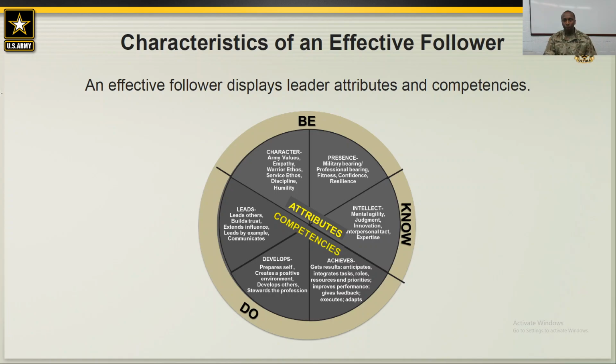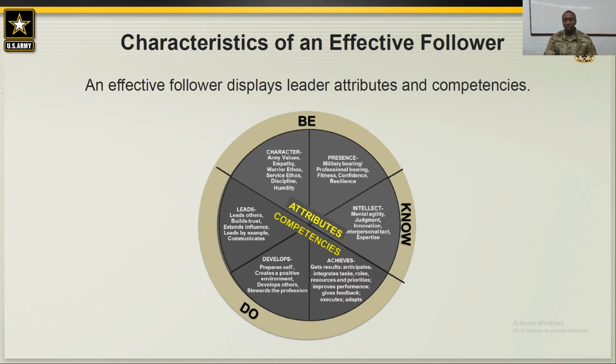So, with character, an effective follower is not lazy, but takes initiative, leaning towards the active end of the active-passive range. The presence: the effective follower's characteristic of being versatile and flexible is the way an effective follower can display resilience. Intellect: an effective follower tends to be near the independent critical thinking point of the independent critical thinking/dependent uncritical thinking range.